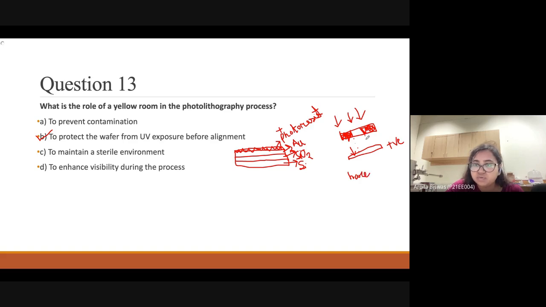For positive photoresist, the exposed portion, where light comes directly, will become soft. You can also go through the second week lecture videos.